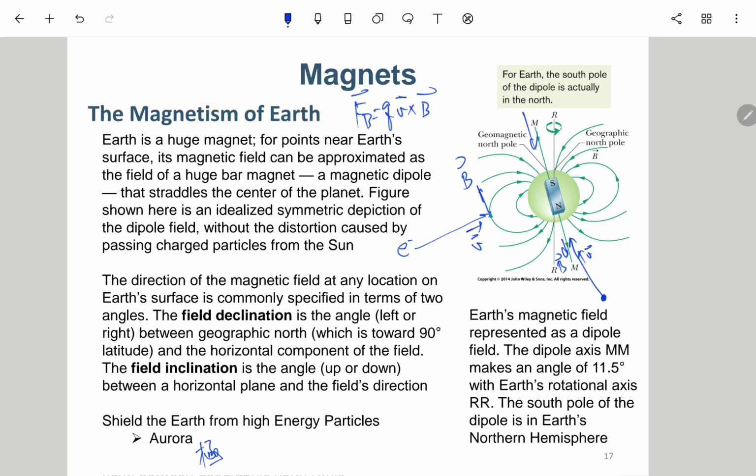In that case, V cross B will be nearly 0, so the force acting on this high energy particle will be very weak. So the particle will directly shoot to the Earth and pass through the atmosphere. It ionizes the atmosphere, hitting the molecules there, and that is why you see the aurora.